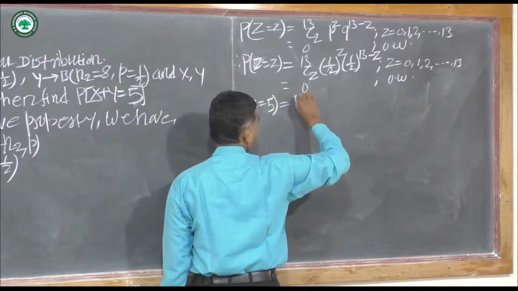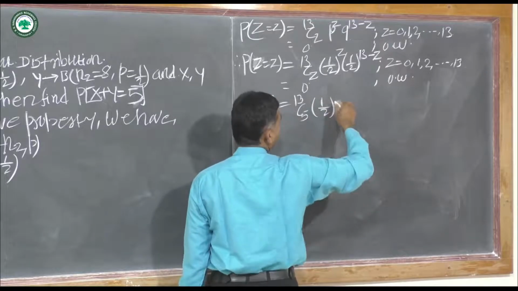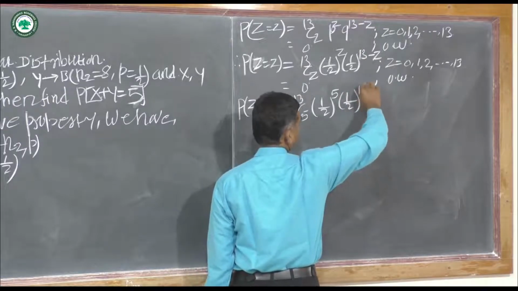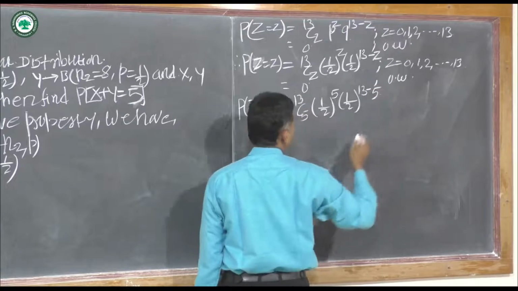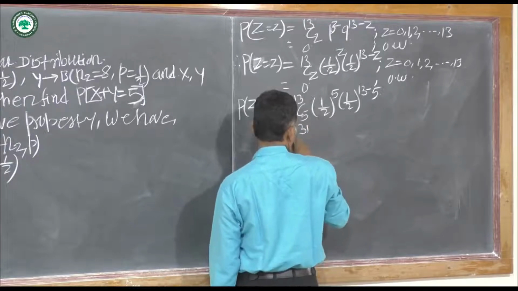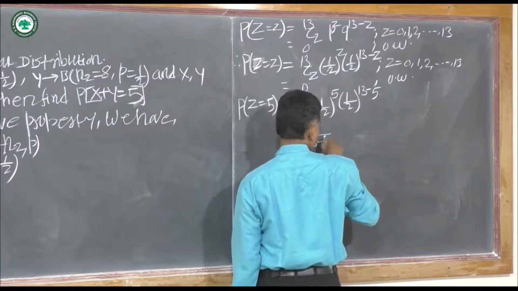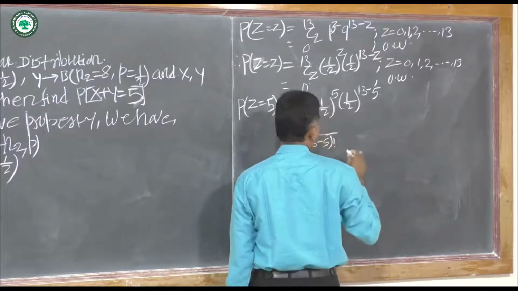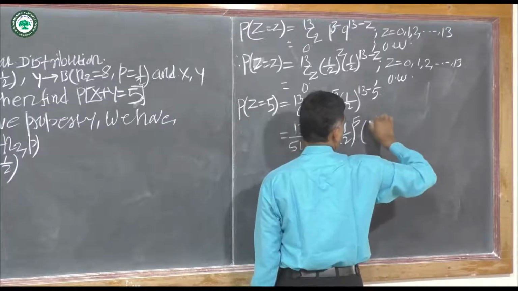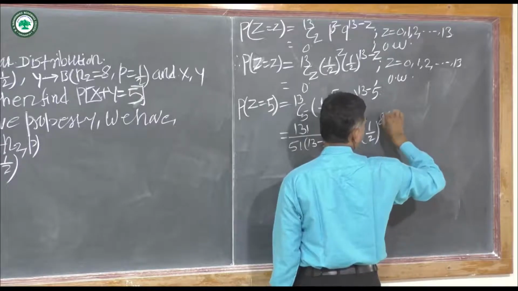Now 13C5 into 1/2 raised to 5 into 1/2 raised to 13 minus 5, which is equal to 13 factorial upon 5 factorial into bracket 13 minus 5 factorial into 1/2 raised to 5 into 1/2 raised to 13 minus 5, which is equal to 8.